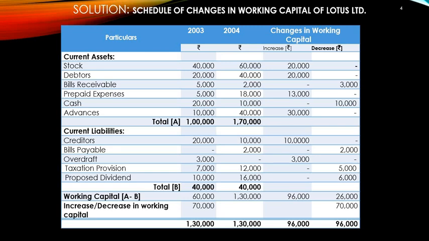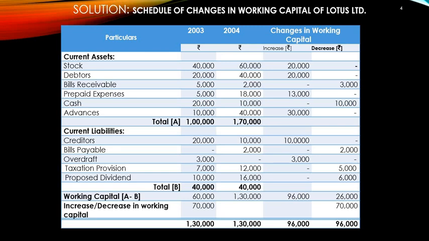In creditors, in the year 2004 we have 20,000 rupees of creditors, and in the year 2003 we have 10,000 of creditors. That means for current liabilities it will be vice versa: 20,000 minus 10,000, there is an increase of 10,000. Likewise, we need to do that for bills payable, overdraft, taxation provision and proposed dividend.